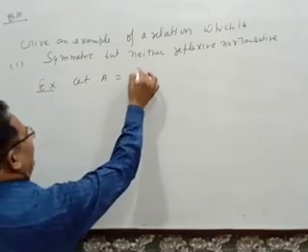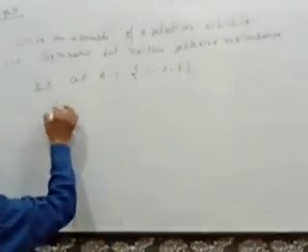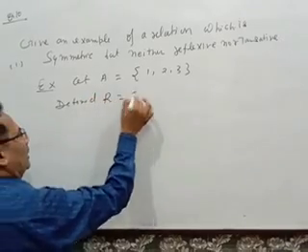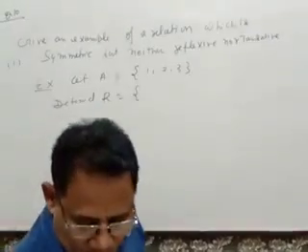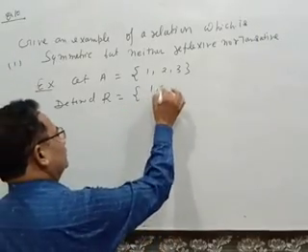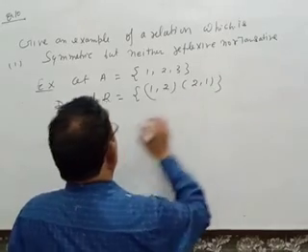Let we take a set A is equal to {1, 2, 3} and define R is equal to containing the ordered pairs (1, 2), that is (2, 1).